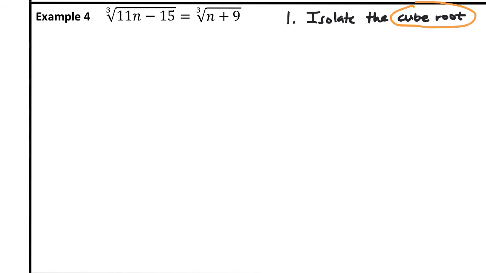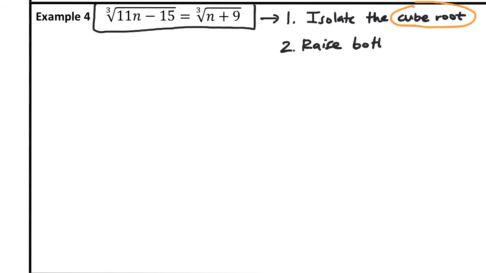So when that happens, that is step 1. So copying this, that's already step 1. Step 2 is raise both sides to the third power.